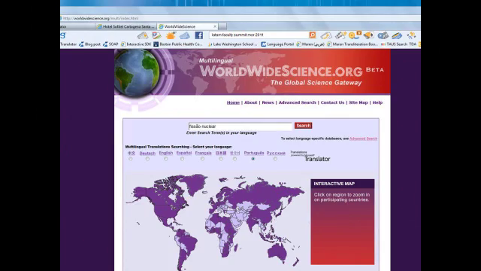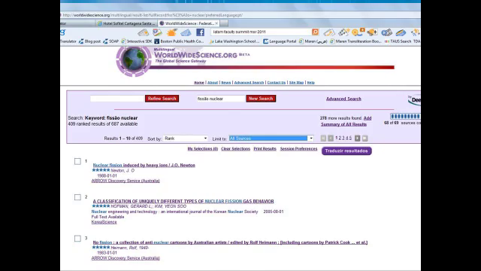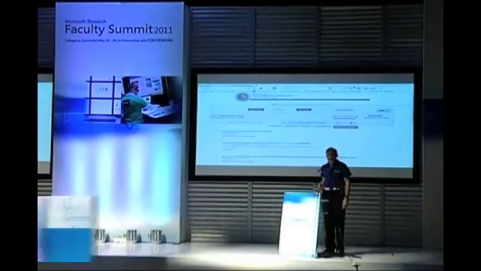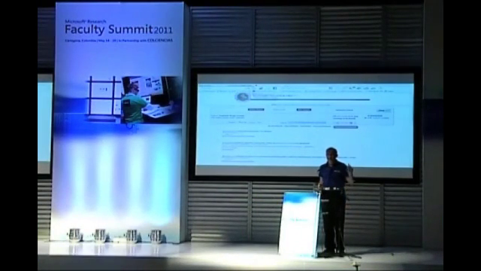So you get to it by clicking on this search in your language button. Then what happens is you can choose your language, and the system asks you what is your language. In this case, I choose Portuguese. I enter a query in Portuguese. I get a number of results. So what the system did here is it took that Portuguese query and translated it into the native language of each of these databases that the system supports.